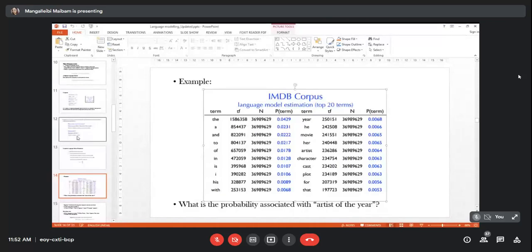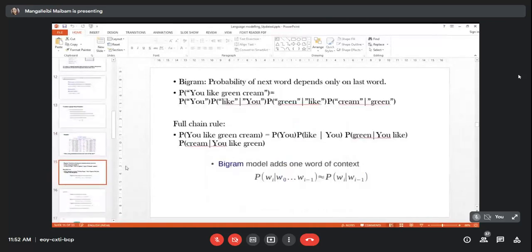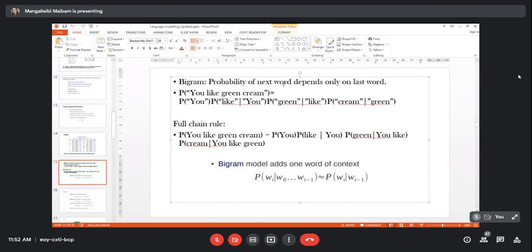Now, this also we have discussed in our last class. For the bigram model here, we are going to find the probability conditioned on the previous event, conditioned on the previous term. For this particular example, you like green cream. So the probability of you will be written here.